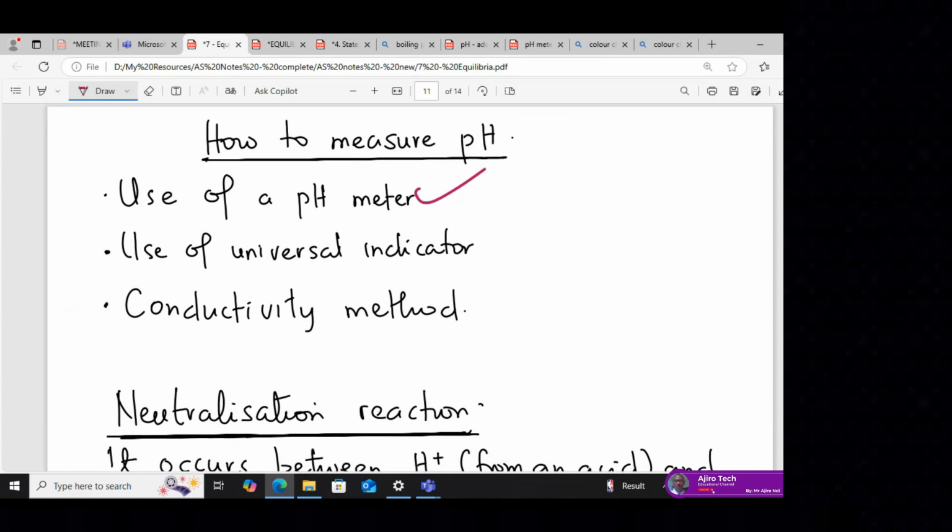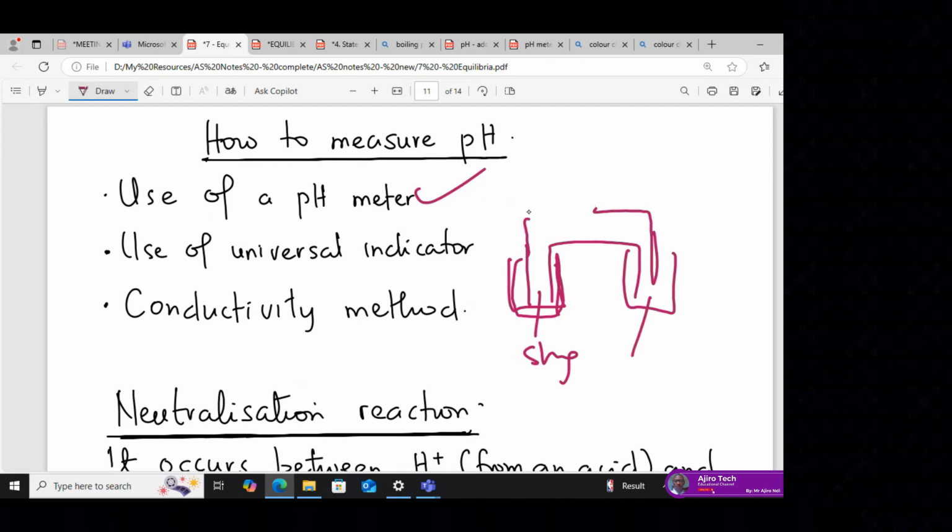You can use number 3, the conductivity method. What that means is that a strong acid is a better electrolyte and conducts better than a weak acid. If you carry out electrochemistry, you connect an electrochemical cell, put strong acid in, connect them together, then connect them to an external bulb.